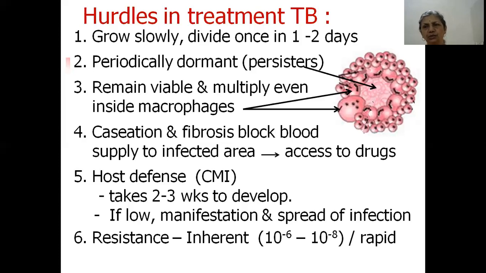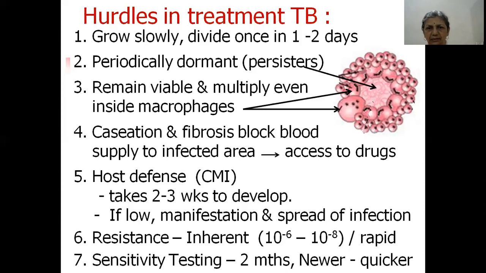It is not because of inadequate or inappropriate exposure to INH. This inherent resistance ranges from 1 in 10 raised to 6, 1 in 10 lakh, to 1 in 10 raised to 8 microbes for various drugs. And if used alone, this resistant microbe may flourish and we get rapid emergence of resistance.